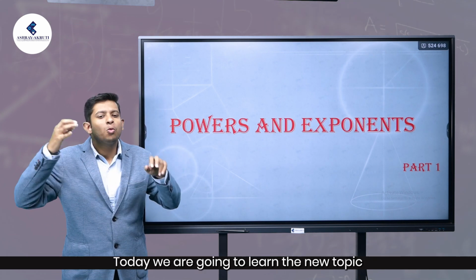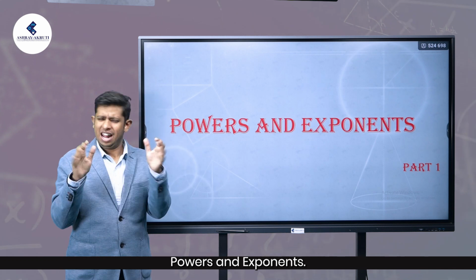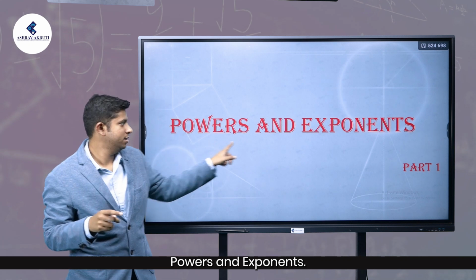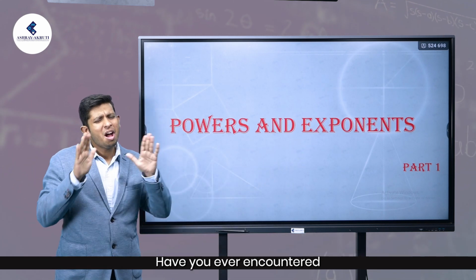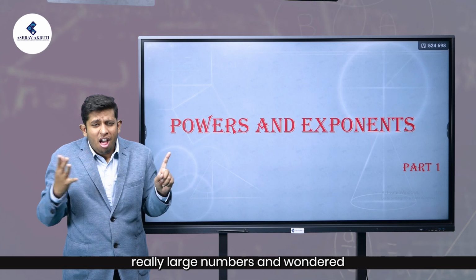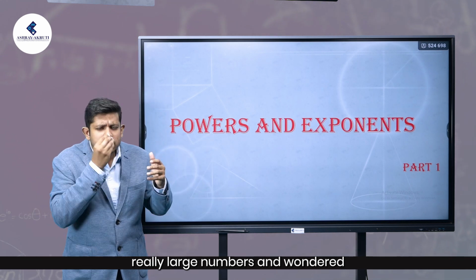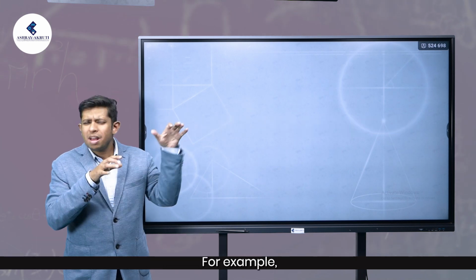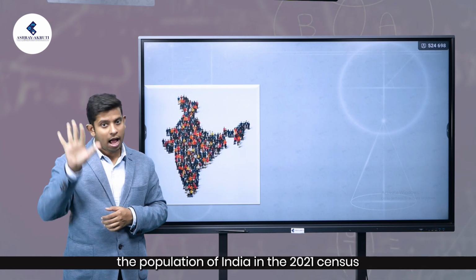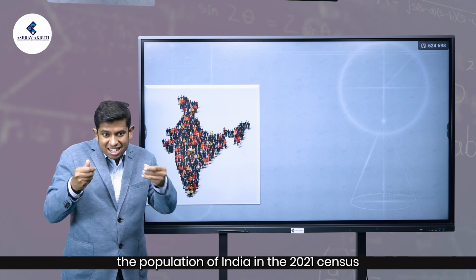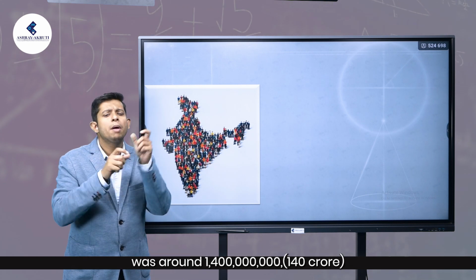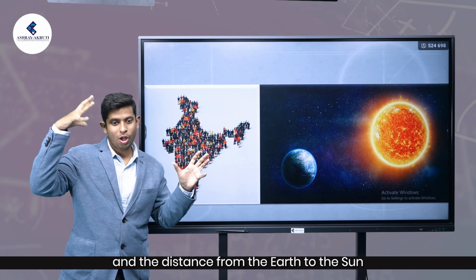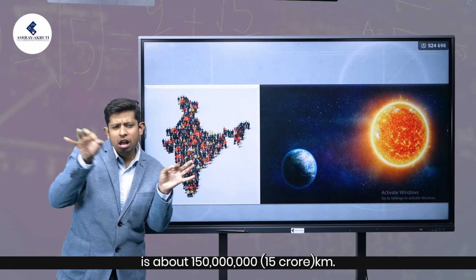Today we are going to learn the new topic, powers and exponents. Have you ever encountered really large numbers and wondered how to make them easier to work with? For example, the population of India in the 2021 census was around 140 crore, and the distance from the Earth to the Sun is about 15 crore kilometers.